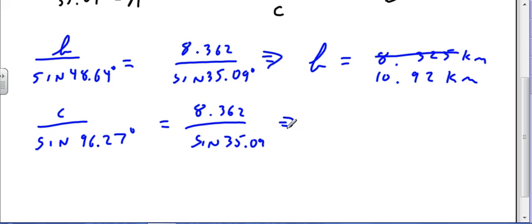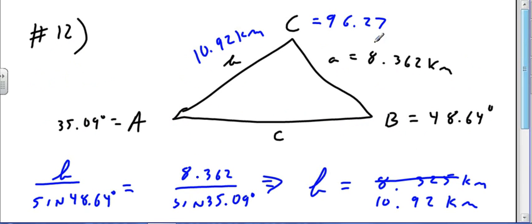All right, so little c is going to be 8.362 times the sine of 96.27 divided by the sine of 35.09. And we'll call it 14.46 kilometers to keep my 3 significant digits. So this guy is 14.46 kilometers, and then we'd call that a good answer.